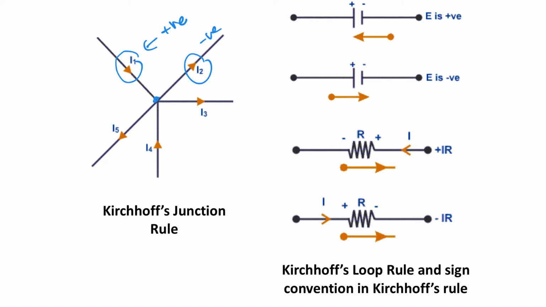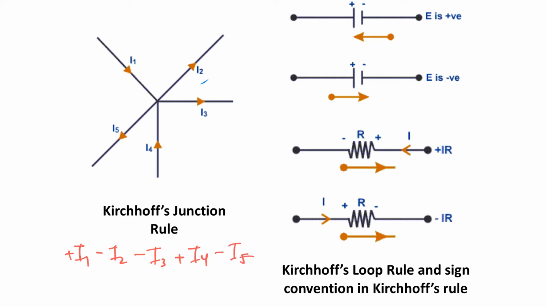To make it standardized, current coming into the knot we put as positive, and current leaving the knot is negative. For example, the equation for this one is I1 positive because it's coming into the knot, I2 negative because it's leaving the knot, minus I3 because leaving the knot, plus I4 because coming into the knot, and minus I5 leaving the knot, equal to 0.